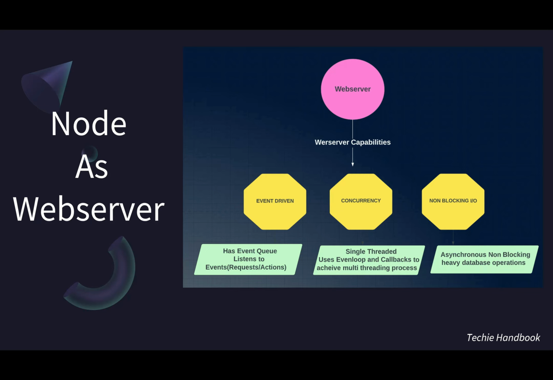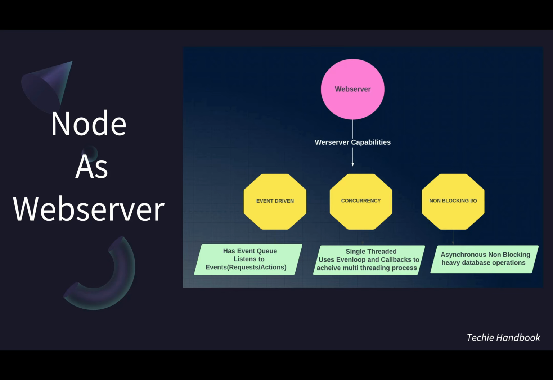The next one is non-blocking I/O operations. Usually, web servers will do heavy I/O operations, which are nothing but database input-output operations. There are scenarios where the servers will face blockage when there is more than one heavy-lifting I/O operation at the same time. Node can handle non-blocking I/O operations asynchronously or simultaneously using its event looping and callback mechanism.